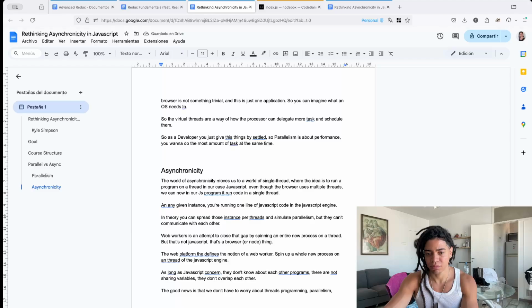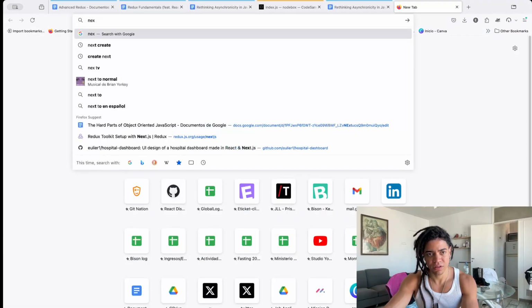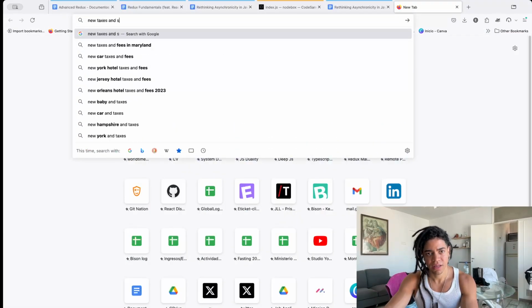The other is thread block communication. We don't have to deal with mutexes and semaphores.